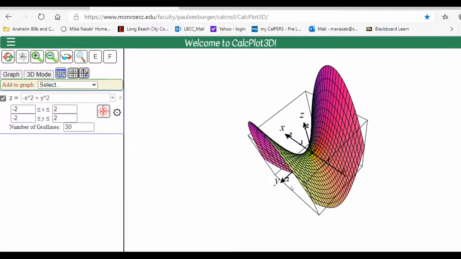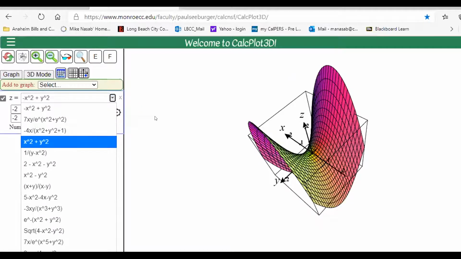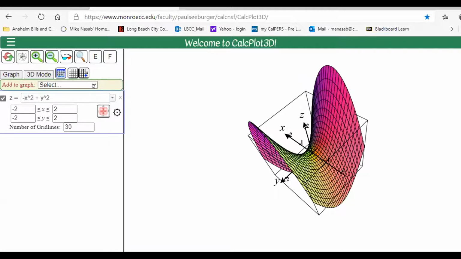How would you like to see, let's say, hyperboloid of one sheet? So for that one, you have to go to implicit form. Sorry, that's not what I want right here.